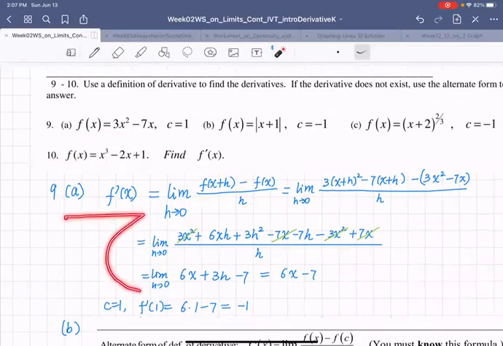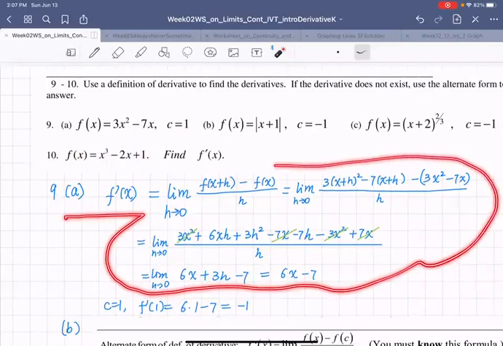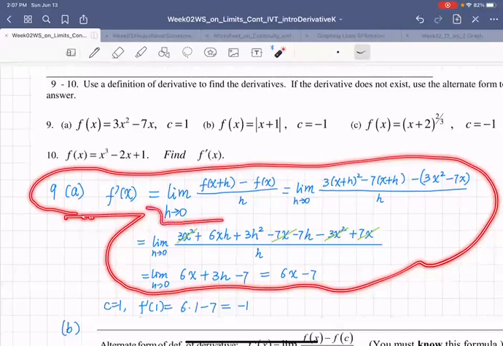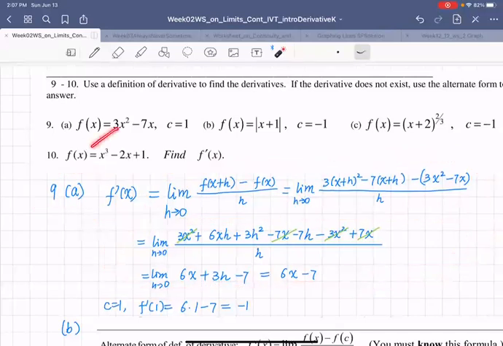I want everybody to go ahead and do this using these formulas and apply it to number 10 and find the f prime of x. If you finish this, go ahead and text me your answers. Let's see who can get this correct. You can go ahead now.